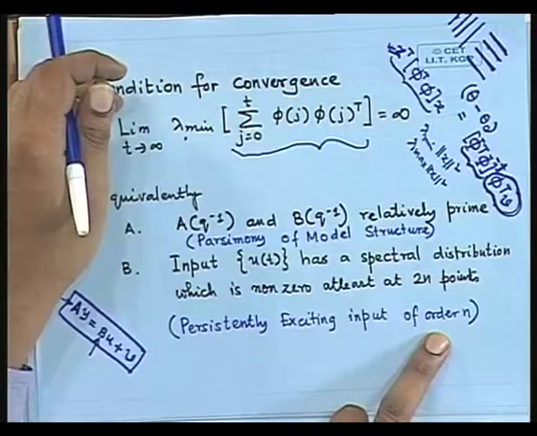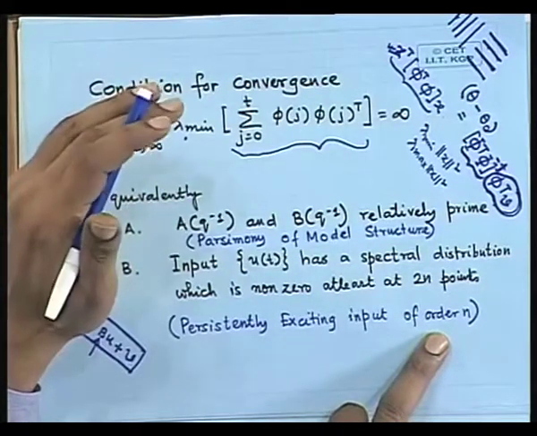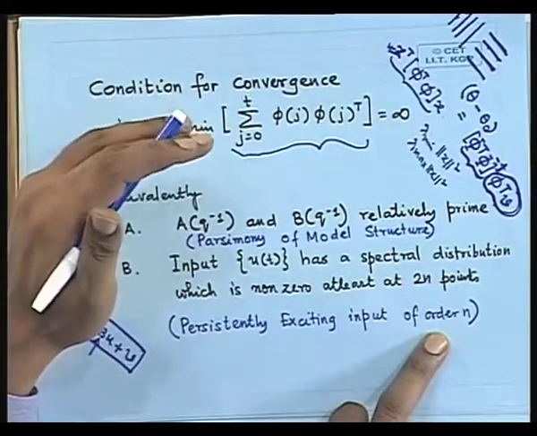See, the idea is that if you are trying to know a system, you have to excite it. If you do not excite all its modes properly, then you cannot identify it. You should be able to excite all the modes together in your input output data.